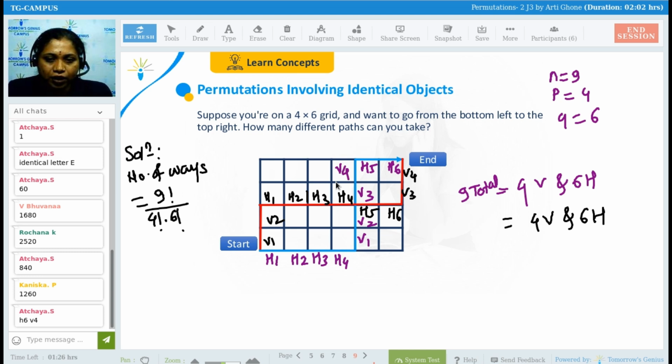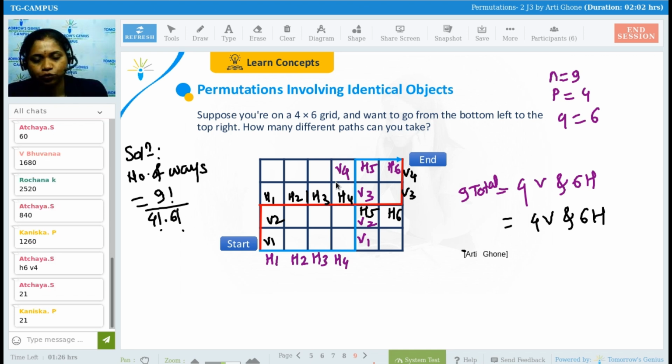9 factorial upon 4 factorial into 6 factorial. Understood? Just tell me the answer. 21.